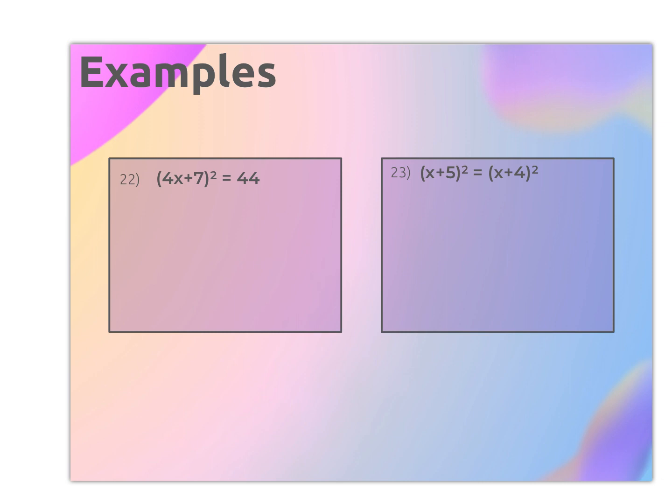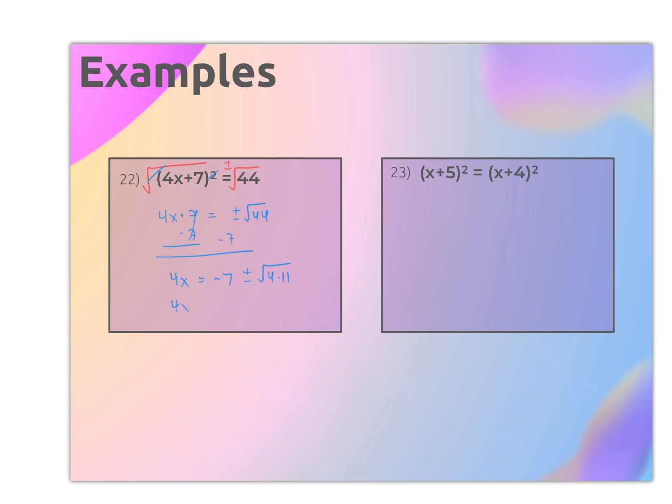And again, we've got two more here. Again, on the left, I can take the square root and the plus or minus root of the right side. The radical and the 2 cancel. I'm left with 4x plus 7 equals plus or minus the square root of 44. I can subtract 7 from both sides, and I'm going to get 4x equals negative 7 plus or minus the square root, and I'm going to break this into 4 times 11, right?